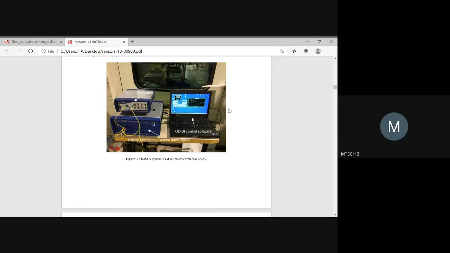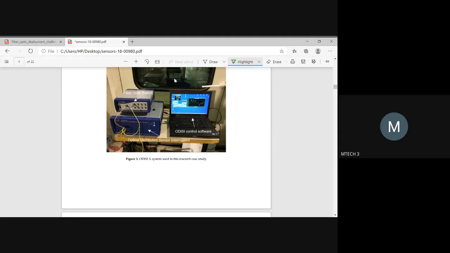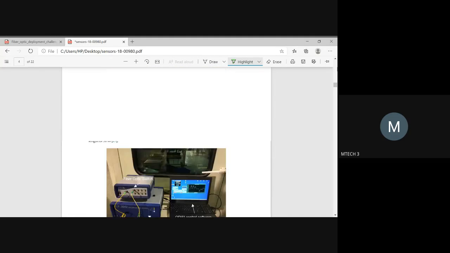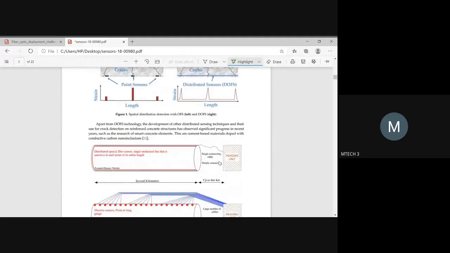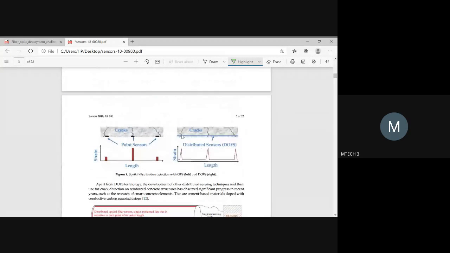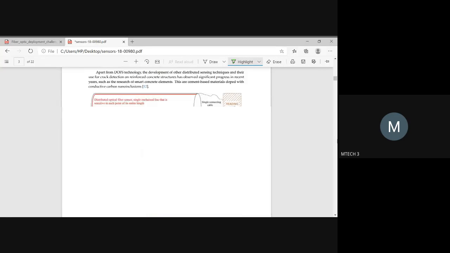What are its plus points, where you can use it, and how it operates basically. What is the difference between a regular optical fiber sensor and a distributed optical fiber sensor, and how it helps in reading the crack which has been generated. All these things we have analyzed.